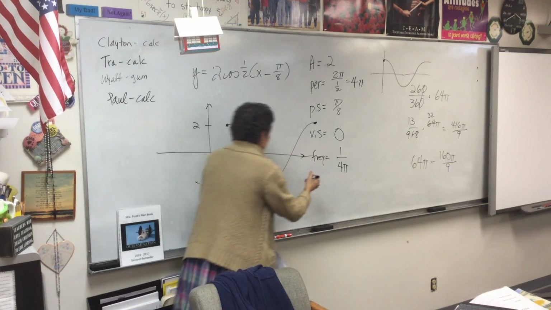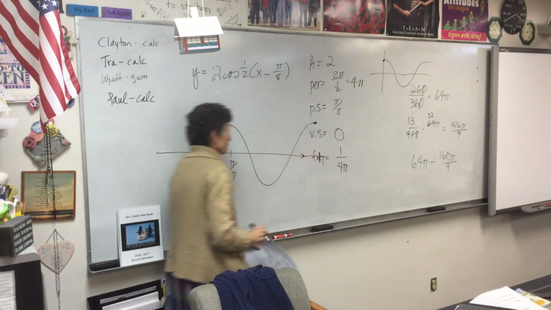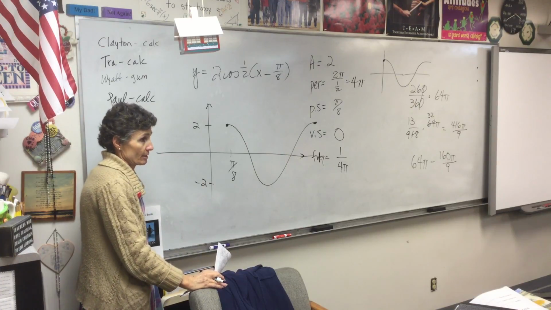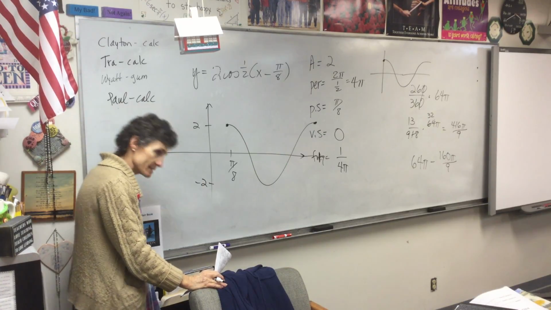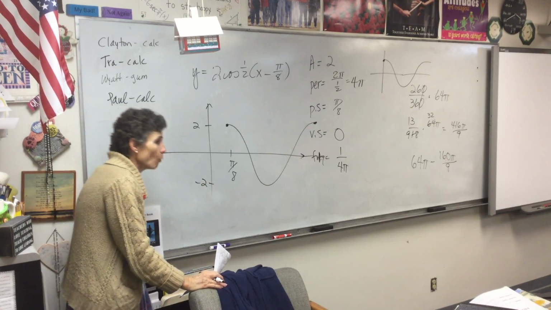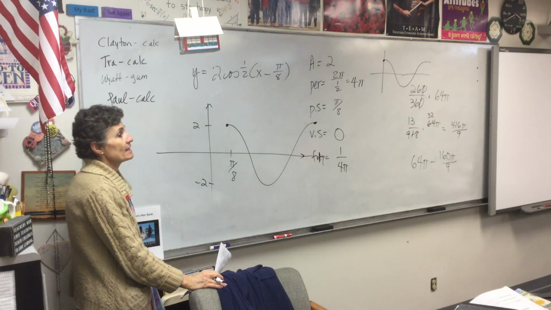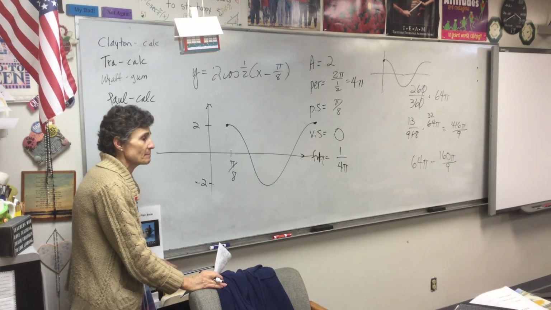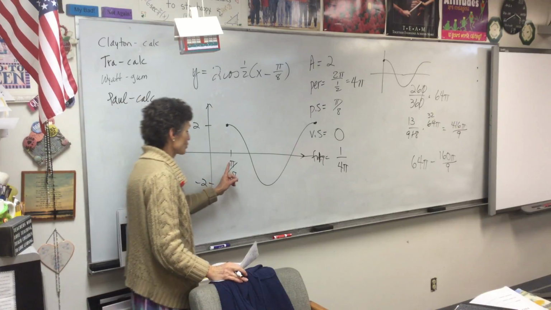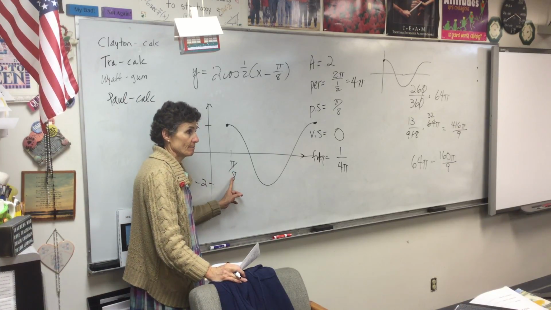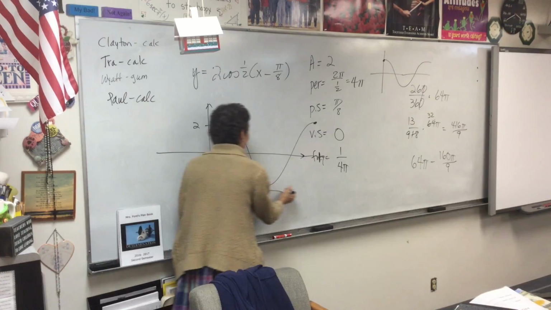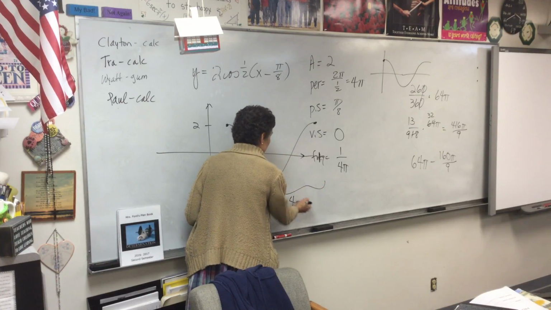Now, your first task is to find the ending mark. So 4 pi plus pi over 8. Exactly. I don't know why we sometimes struggle with that. The concept is so easy. You are starting at 1/8. You are traveling 4.